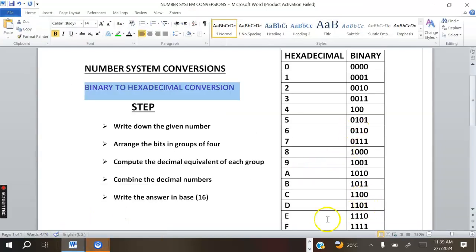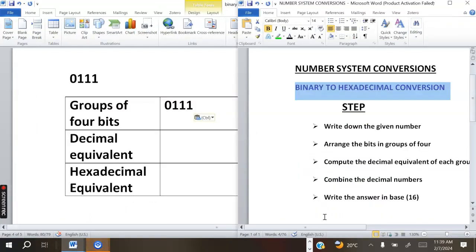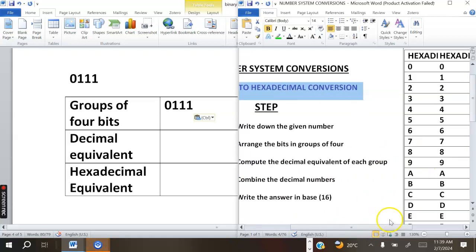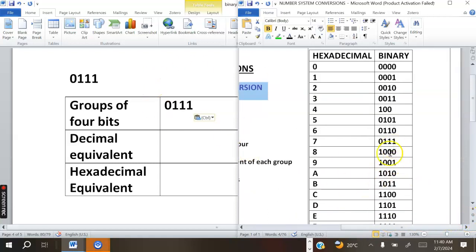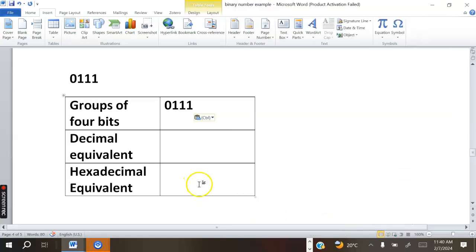So we have 0111, which is equivalent to 7. For the hexadecimal, it's supposed to give us 7, and 7 for the decimal is also 7.